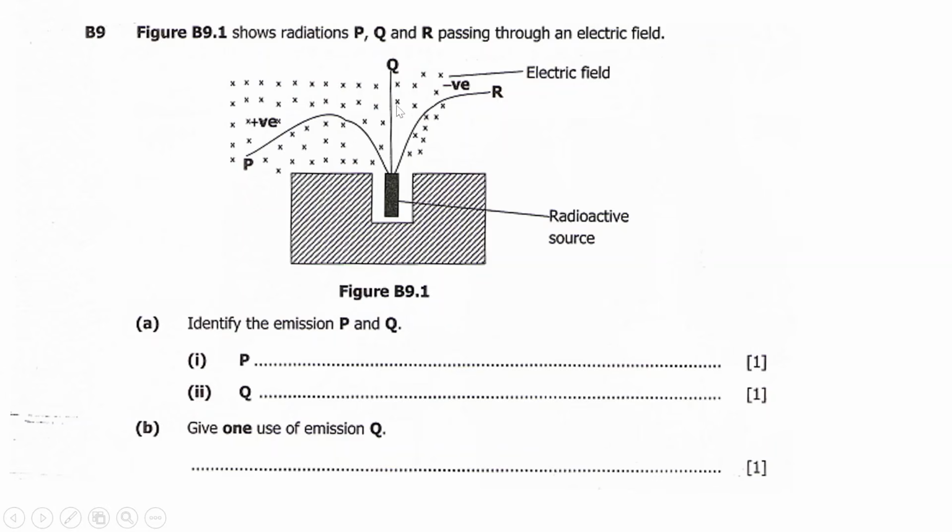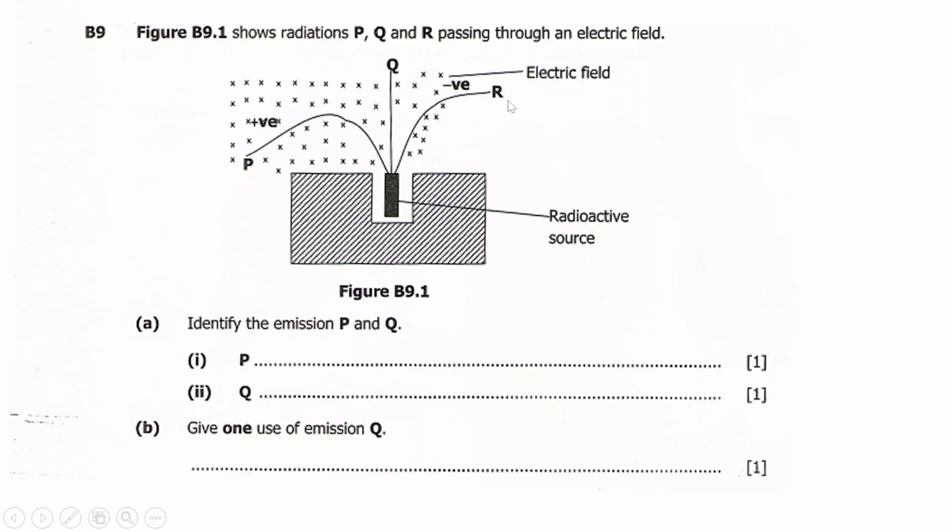And then Q, which does not get deflected, is neutral. It has no charge. So this is gamma ray. And then R, which gets deflected to the negative side, is alpha particle, because alpha particles are positively charged and they can only go to the negative charge because there will be that attraction between positive and negative.